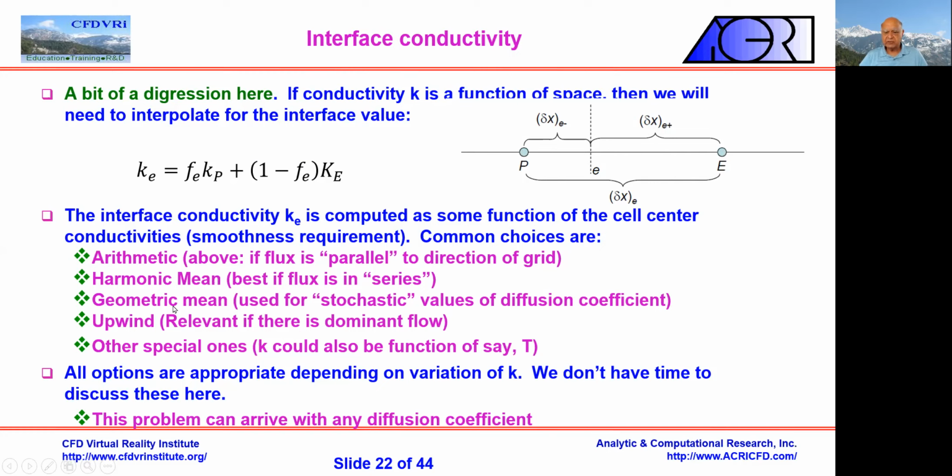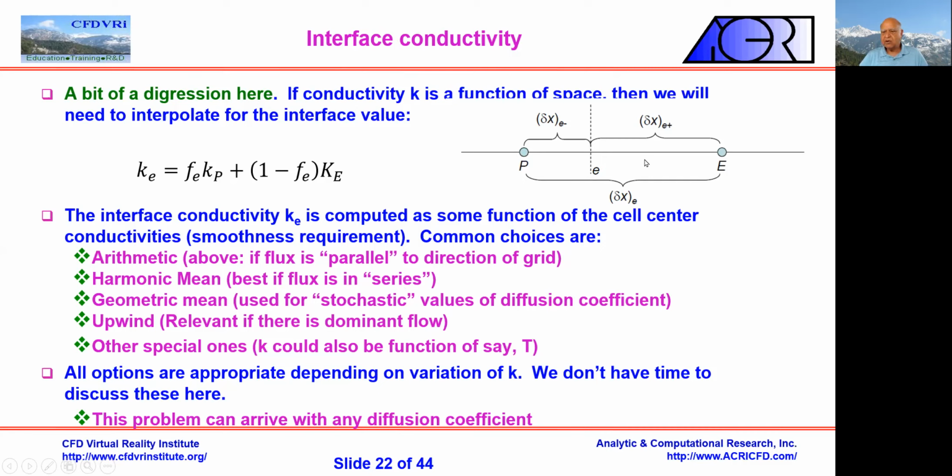Sometimes a geometric mean is used, not typically in heat conduction, but quite a bit in, let's say, groundwater flow or many other situations like viscosity. It's used when within the element there may be stochastic variation of the values, and we've taken some kind of average value. Then quite often it's better to take a geometric mean.